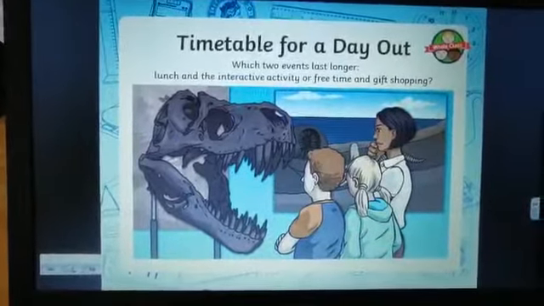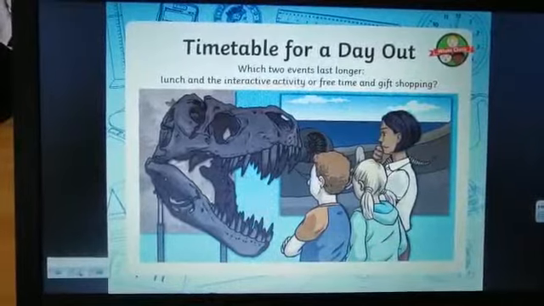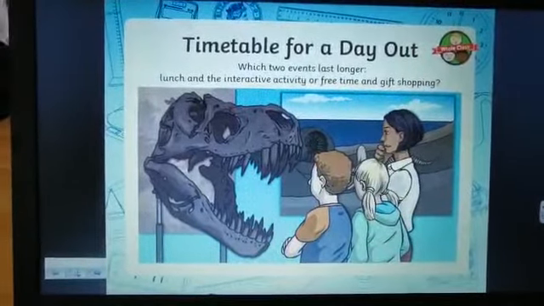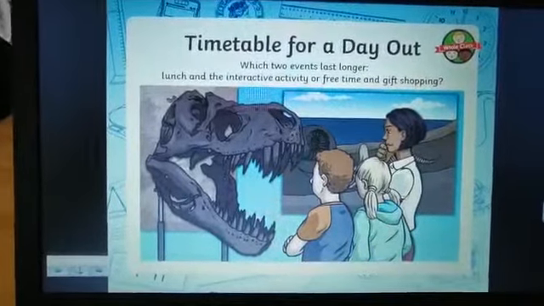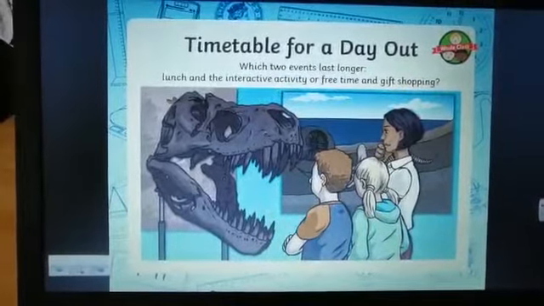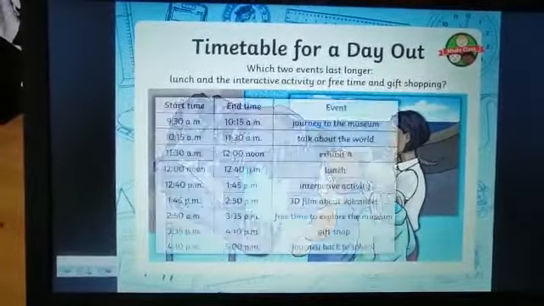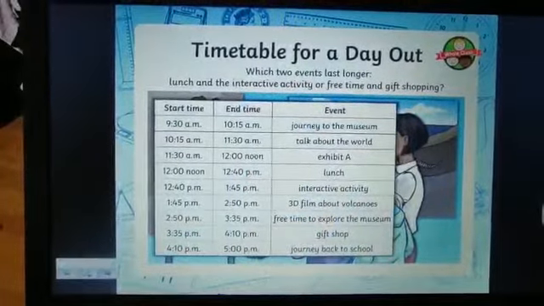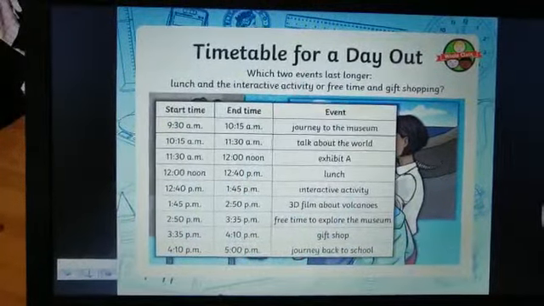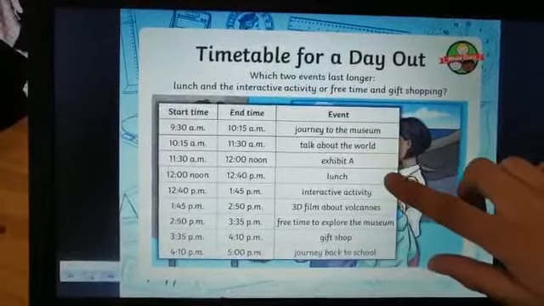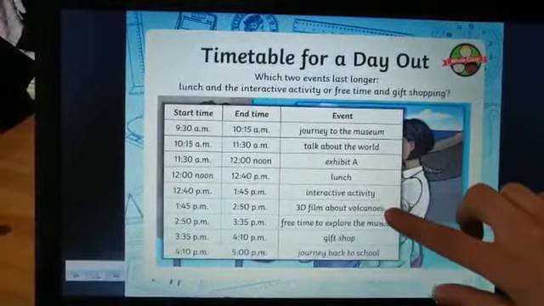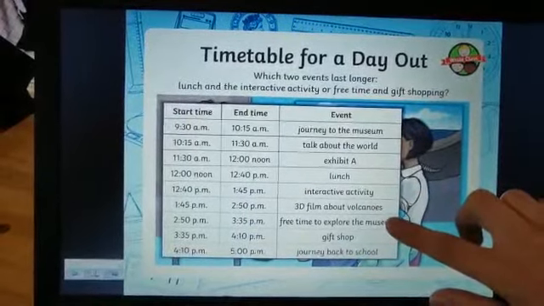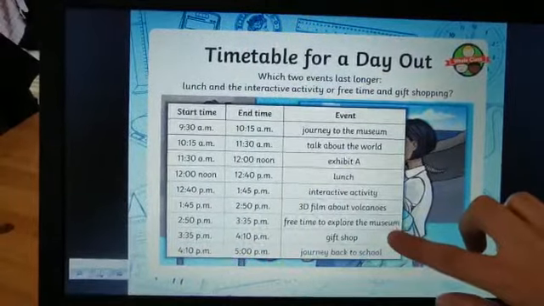Which two events lasted longer? Was it lunch and the interactive activity? So I need to add those two events together. Or was it free time and gift shopping? So let's have a look at our table again. Lunch and an interactive activity. We've got lunch here, interactive activity there, and then I've got free time here and gift shop there.